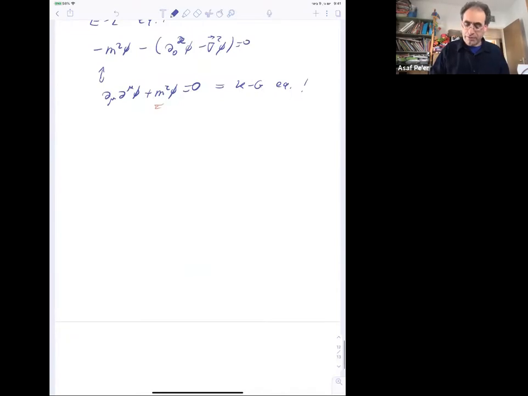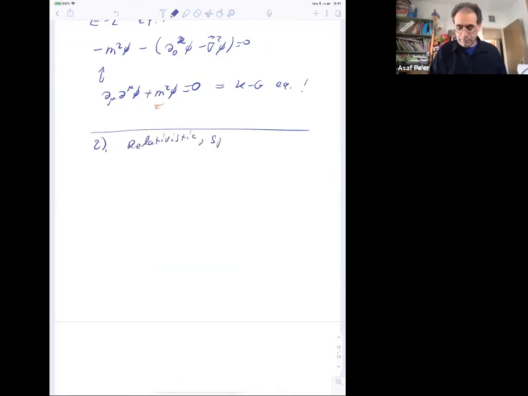So the next field we learn about is the relativistic spin 1/2 field, the Dirac spinor, basically. The spinor field psi satisfies the Dirac equation.